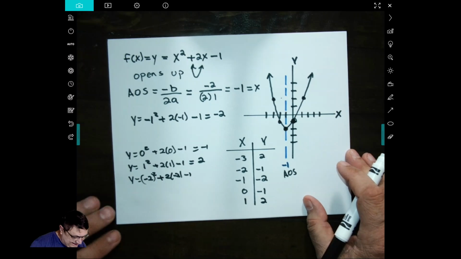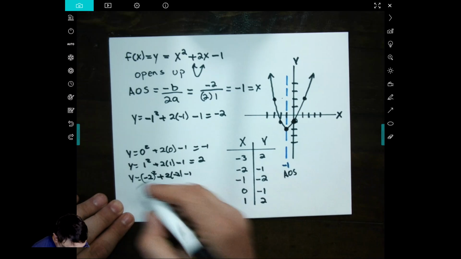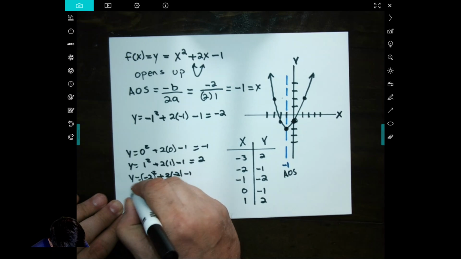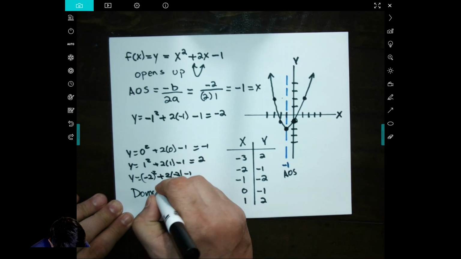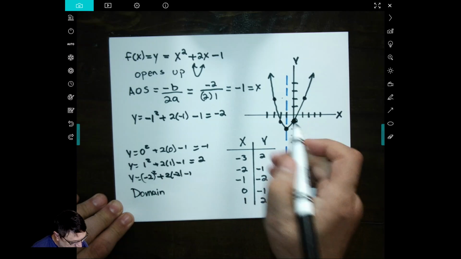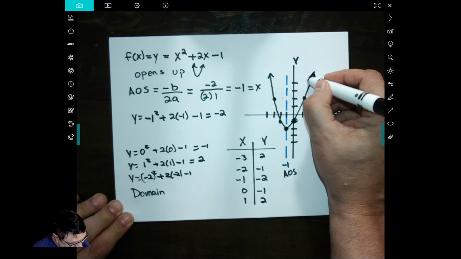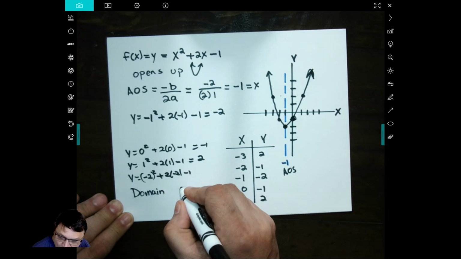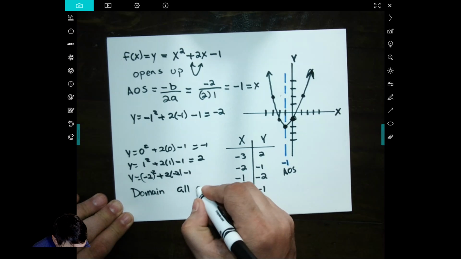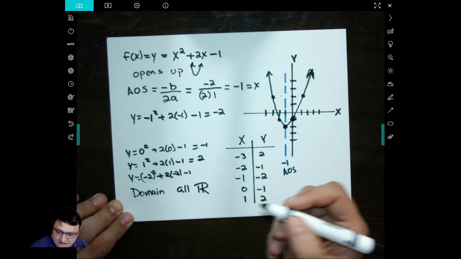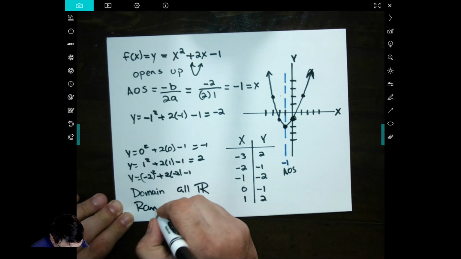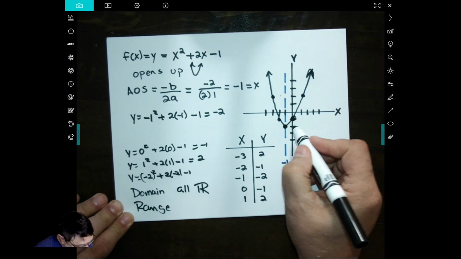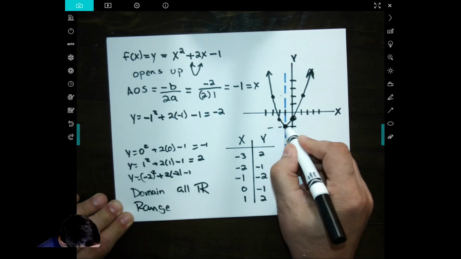Now I need to know what my domain and range are. My domain, remember, that's the x input values. My domain goes on forever because this parabola keeps going on forever. So my domain is all real numbers. And my range, in this case, starts here at negative 2.